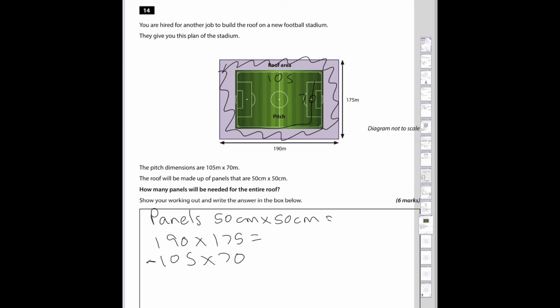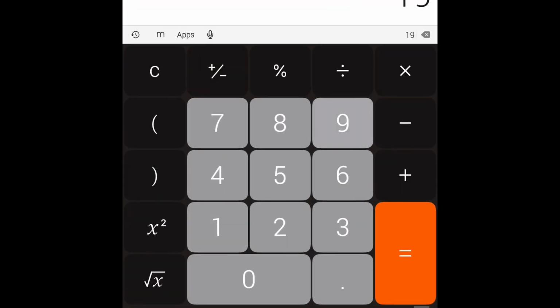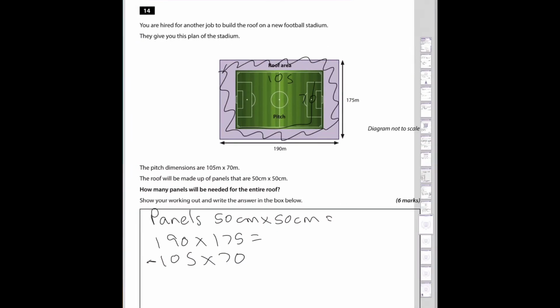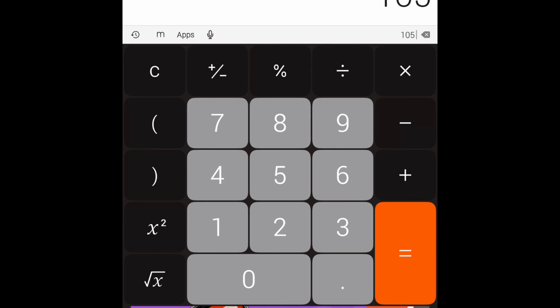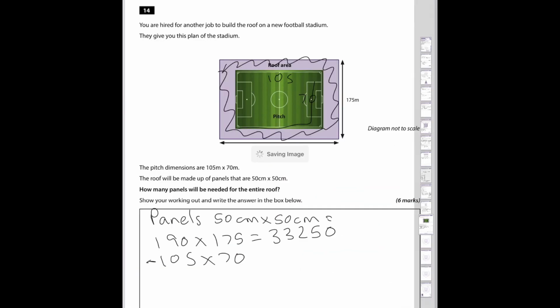Let's work out the top one, 190 by 175. It's 33,250. Now the bottom one, 105 times 70, is 7,350.